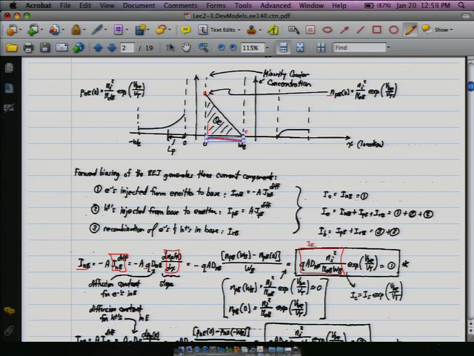Right? So this is the form that we're usually looking at for this equation. This is the first major component.